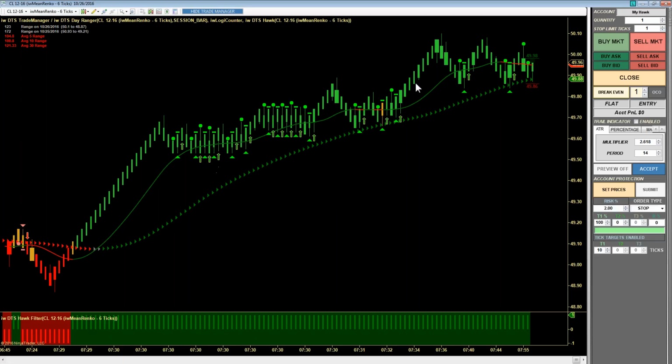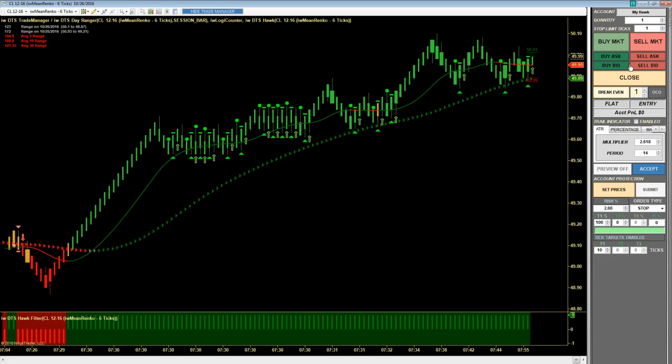Crude making this huge run up from the inventory report. Next time I do the inventory report, here, let's get this trade on here. So 1, 2, look at that. Trade Manager will also prevent you from taking a trade you can't afford.